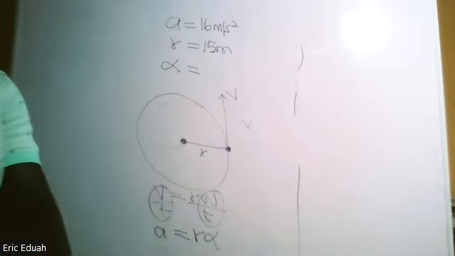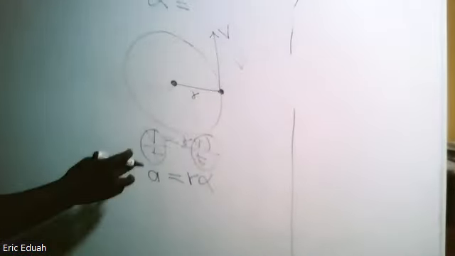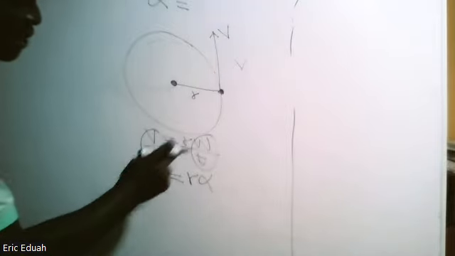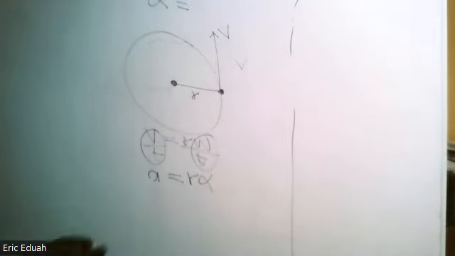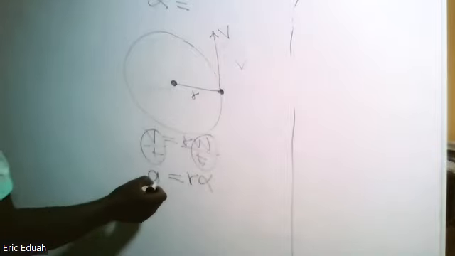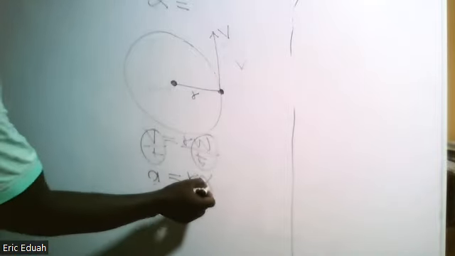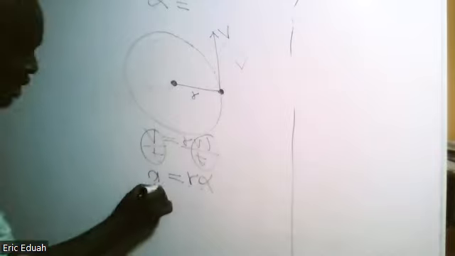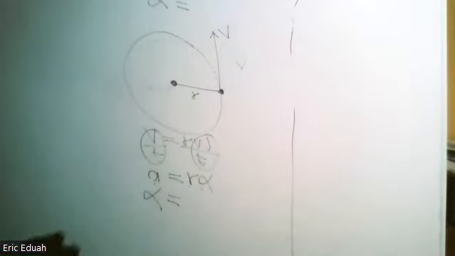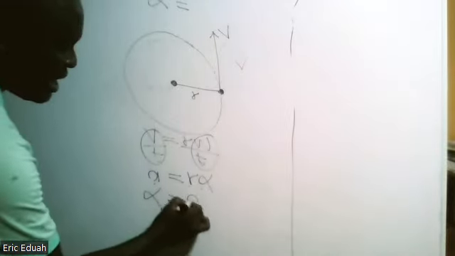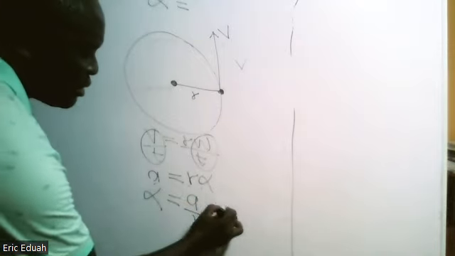This is the relationship between linear acceleration and angular acceleration. Once we have a and r, and we are asked to find alpha, you make angular acceleration the subject, and that is a over r.